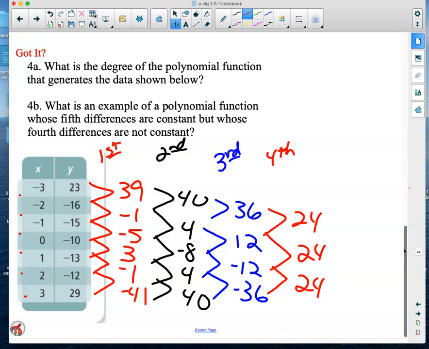So this data, we'd want to use a degree 4 polynomial. Can somebody unmute if you remember what the name of a degree 4 polynomial is, please? Quartic. Thank you. It is a quartic.